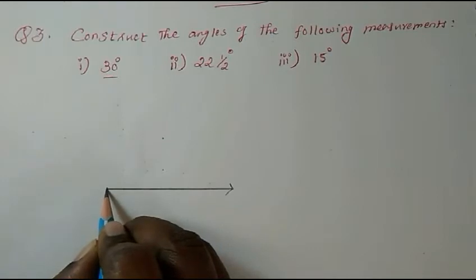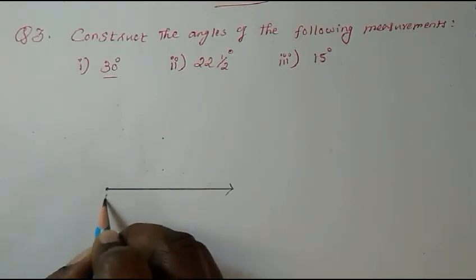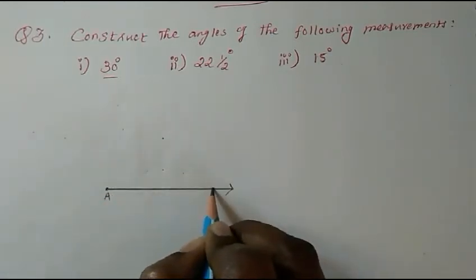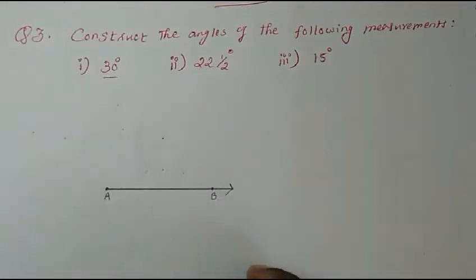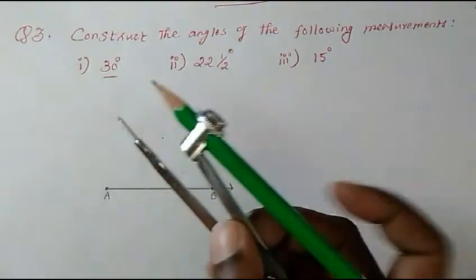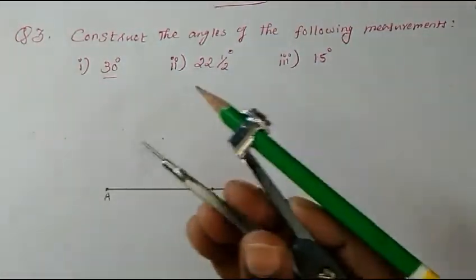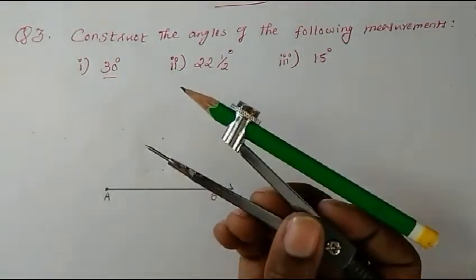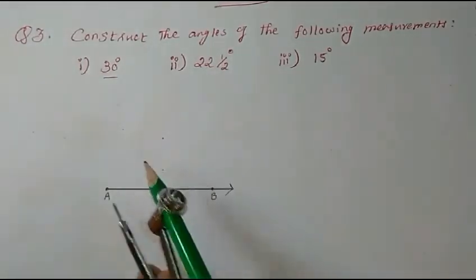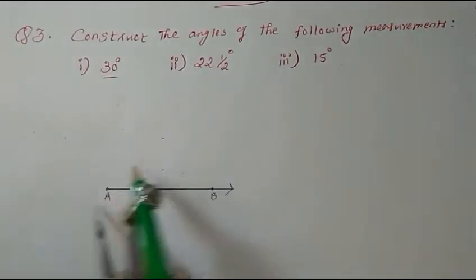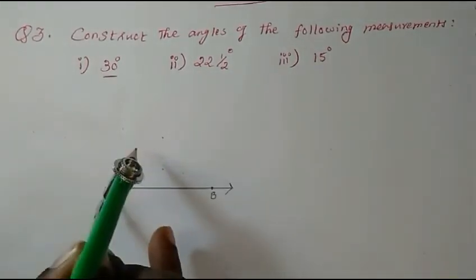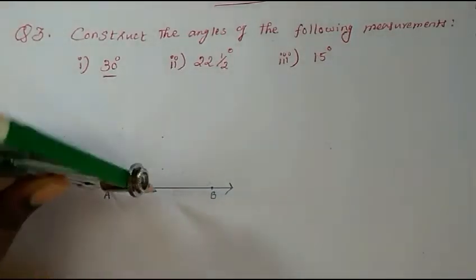This is the initial point, so A, and you can name this as B. So it's a ray. Now take your compass, take any measurement, just randomly, and keep it on this initial point A, and draw a semicircle.